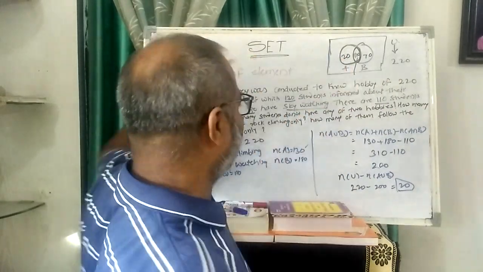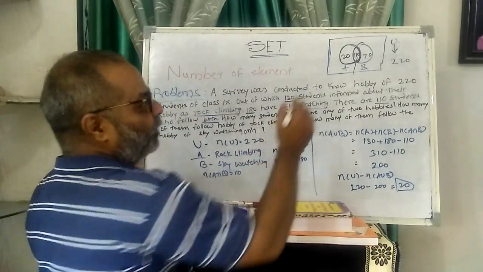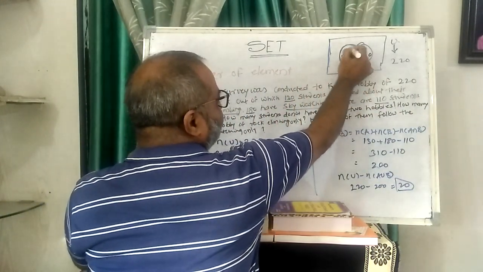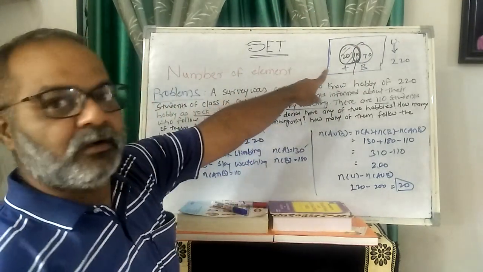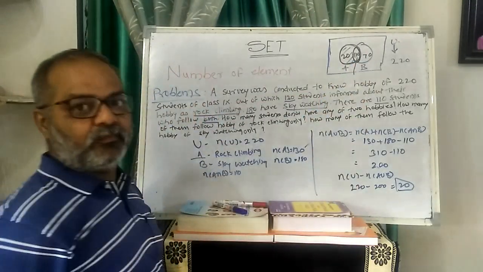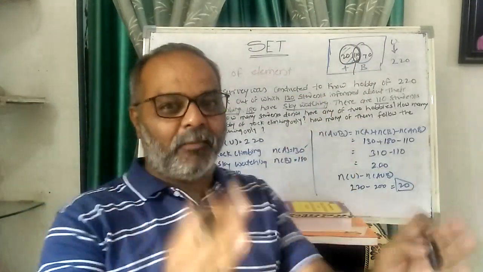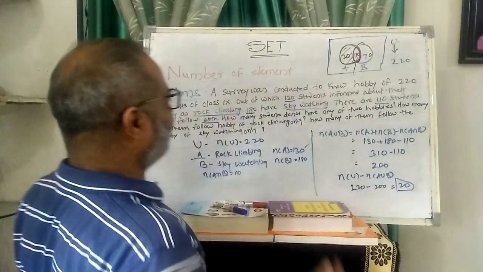So my second part's answer is 20, because this is the part where you get only rock climbing, and 70 of them have only sky watching as hobby. You should find it by the mathematical way also.